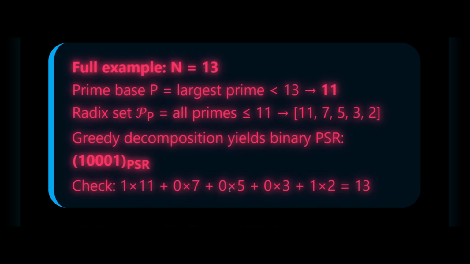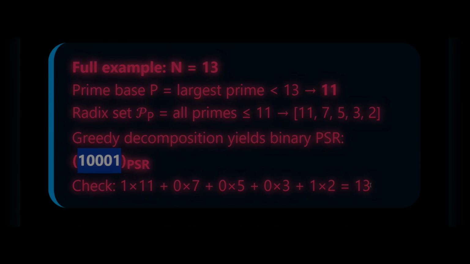We try to add 5, then 3, and none of these work. When we add 2 to 11, we get 13 back. What we get is a set of numbers 1, 0, 0, 0, 1, which becomes the prime sum representation of 13. So now 13 has been converted from decimal to the PSR system.